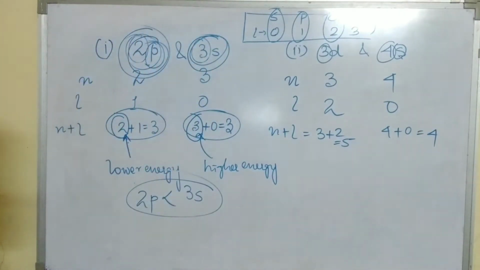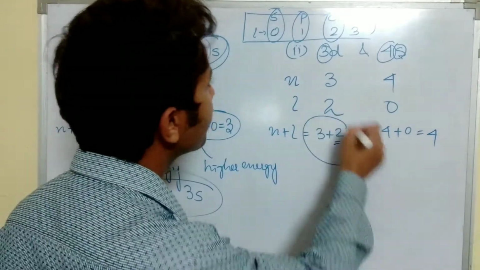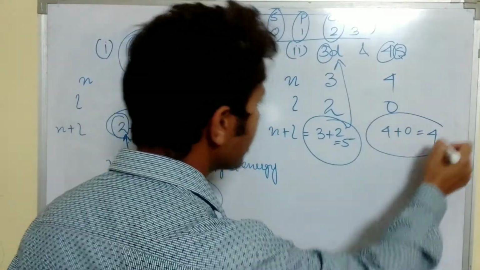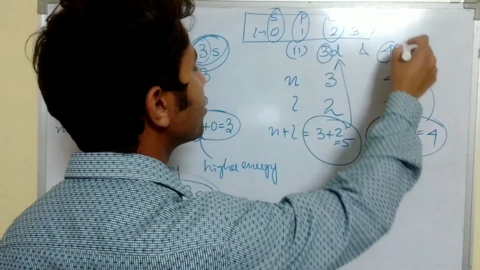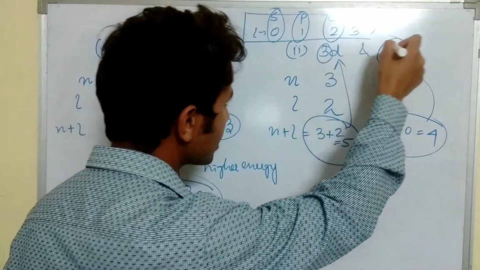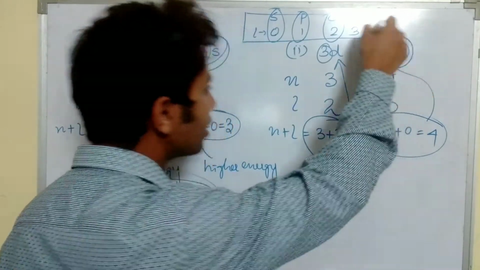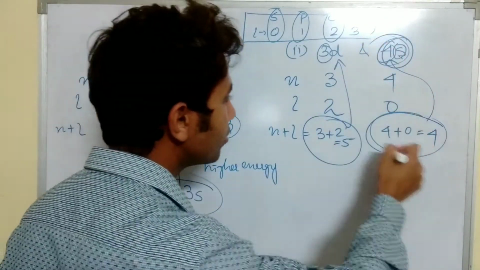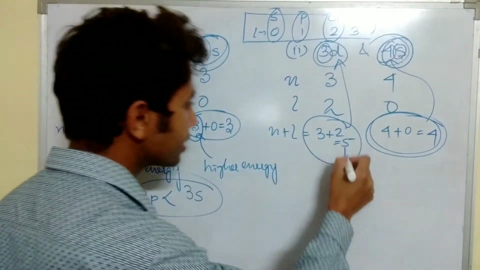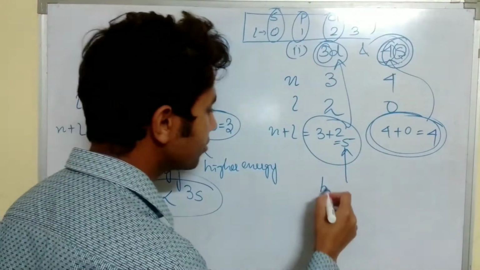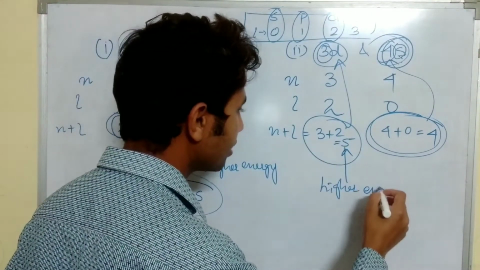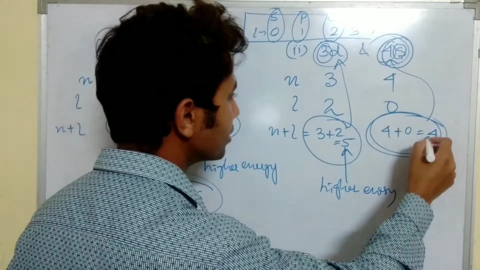Now in this case the n plus L value for 3d is higher than the n plus L value for 4s. So the orbital which has lower n plus L value will have lower energy in comparison to the other, and the one with higher n plus L value will have higher energy.